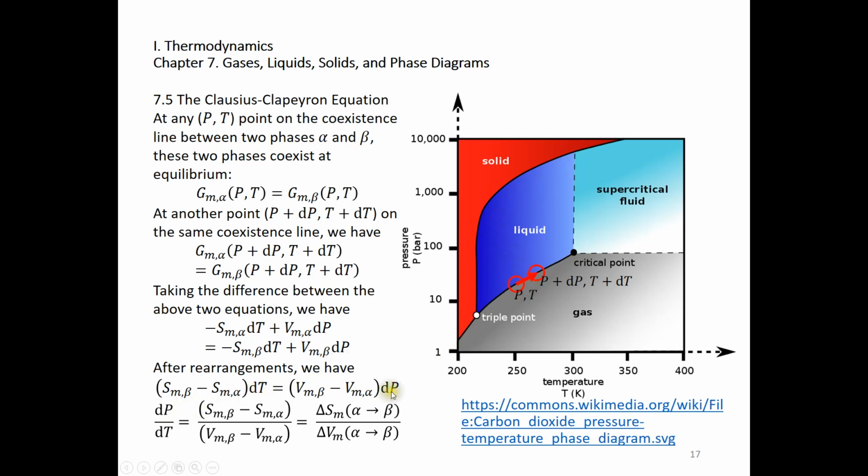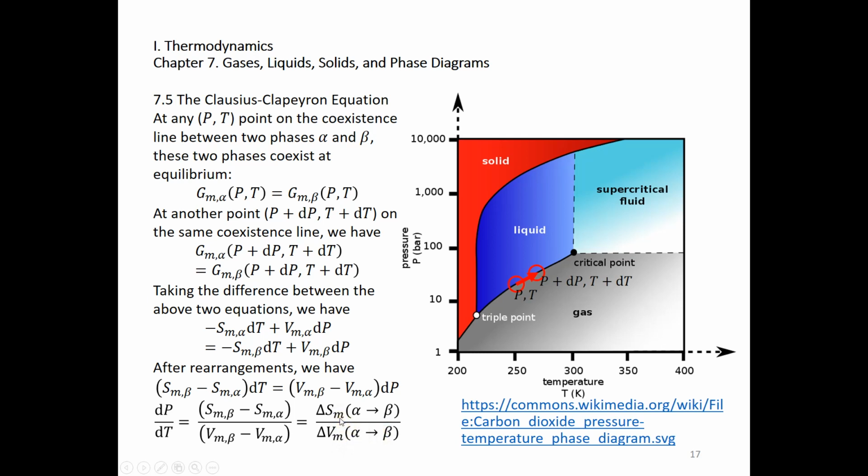Now we can have dP over dT. It's simply the change of the molar entropy over the change of molar volume in the transition from the alpha phase to the beta phase. So it's written this way: delta S sub m from alpha to beta over delta V sub m from alpha to beta.